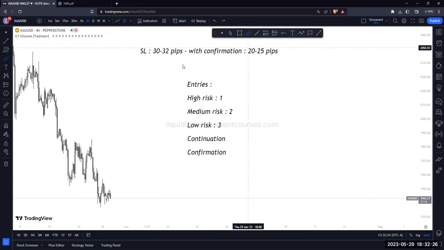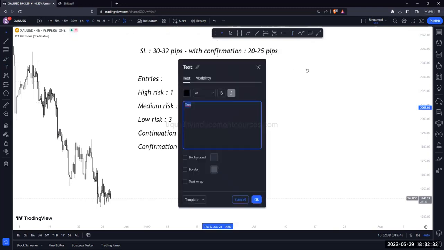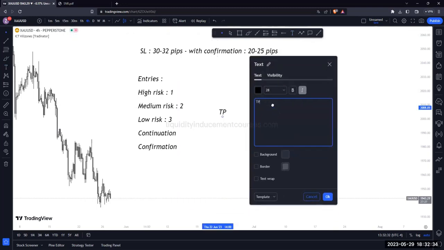Understood? So for medium risk, and for high risk, actually TP, and you have the break even and partials. For TP, you're going to have like 80, and then medium risk you can have 100 to 120.